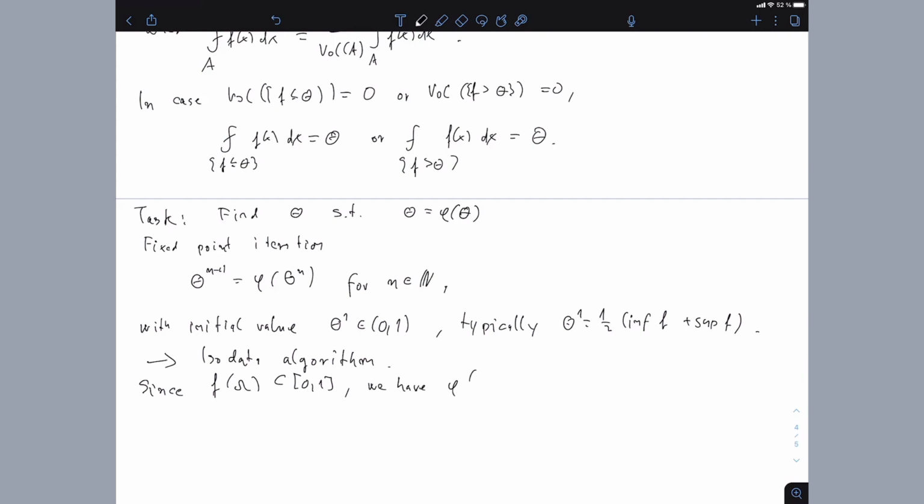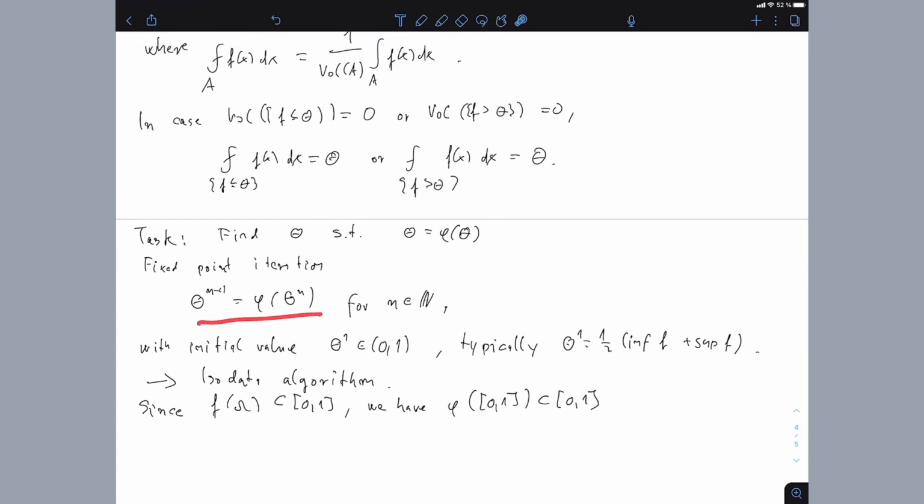So we have that phi also maps 0, 1 to 0, 1. Yeah, because you average over 0, 1, of course you get something back in 0, 1. So phi maps 0, 1 to itself, so we can apply this, and we never leave 0, 1.